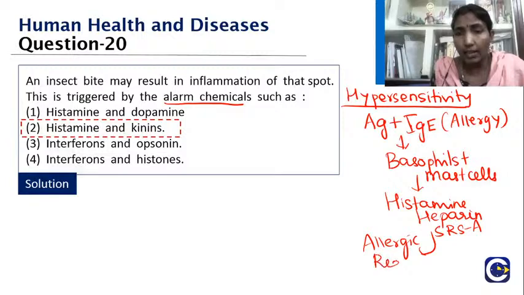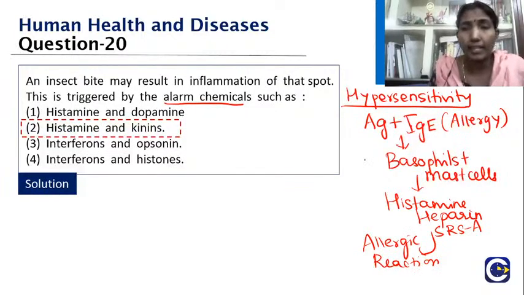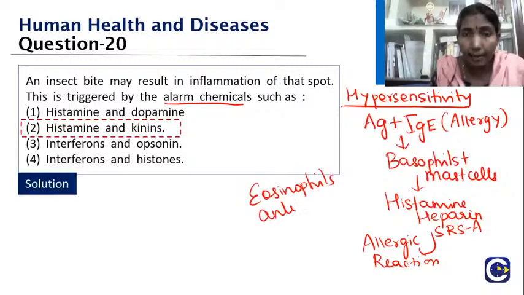And bring about allergic reactions. What are allergic reactions? Like kinins and all. Allergic reactions means bradykinin and all. It can be rashes, or itching, to even sometimes bronchoconstriction. Now immediately your eosinophils, which have anti-allergic activity, will come. What will it try to do?